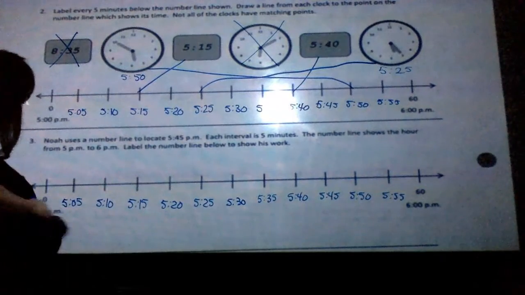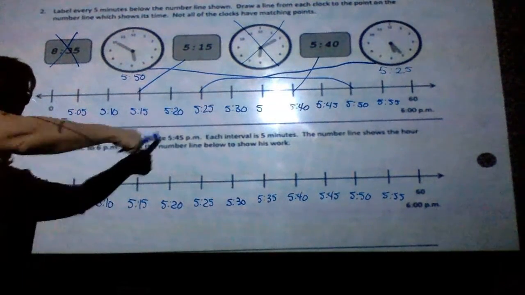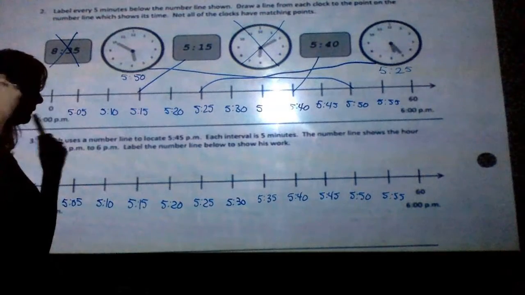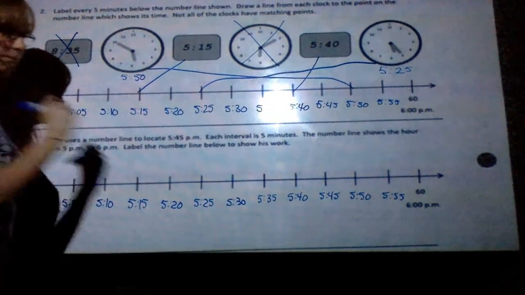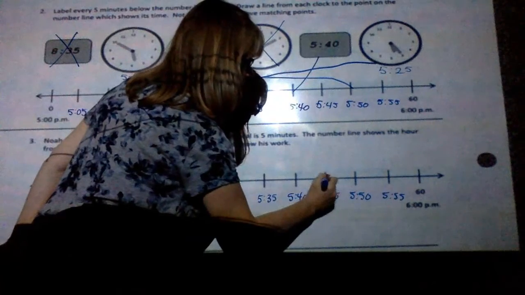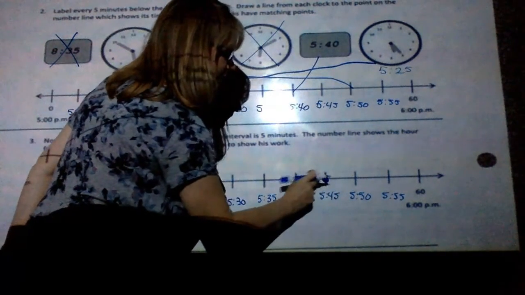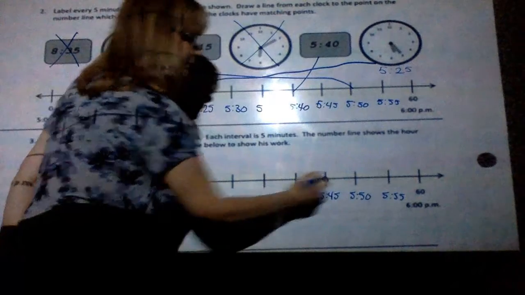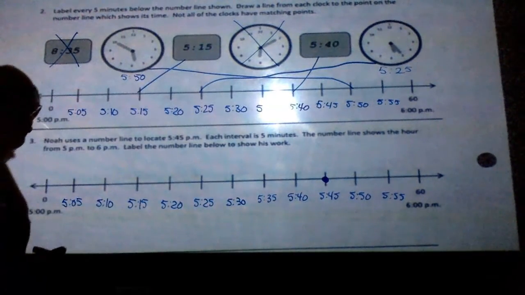It went from 5 o'clock to 6 o'clock. Where would 5:45 be? That's the number we have to plot. There we go, right where the number line meets the tick mark. Right there. Put a circle there, and we're done.